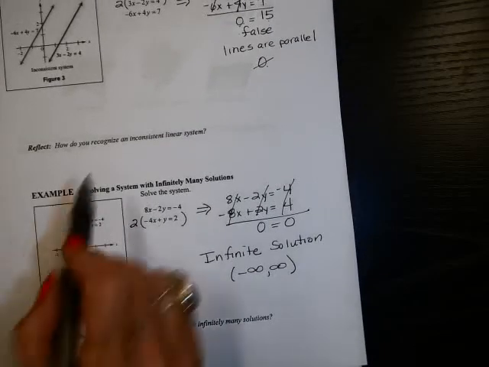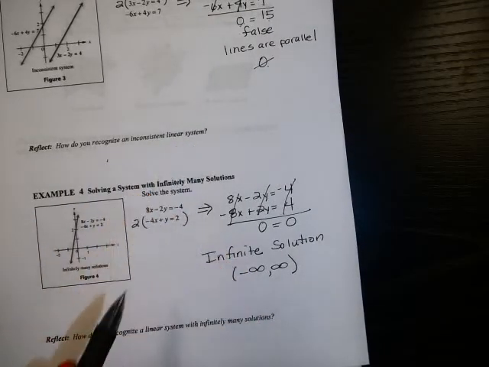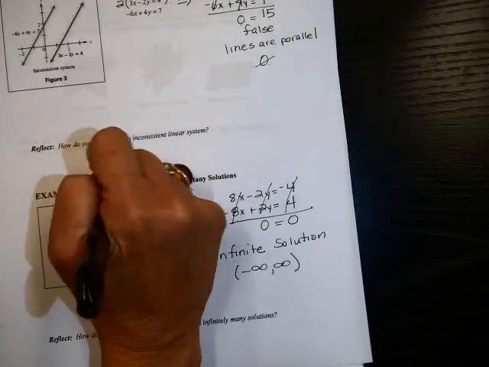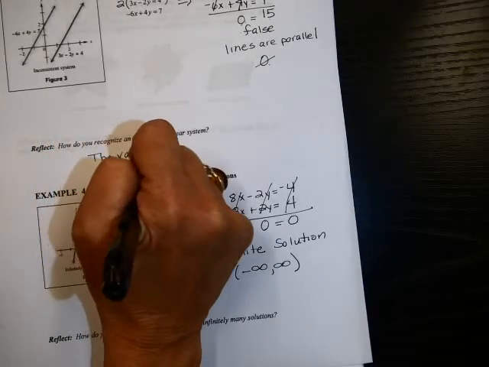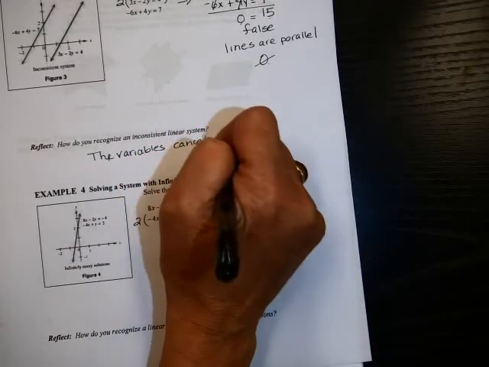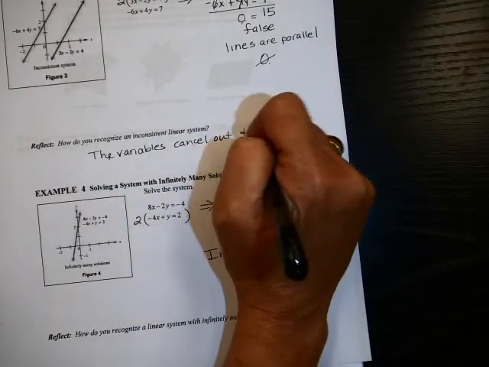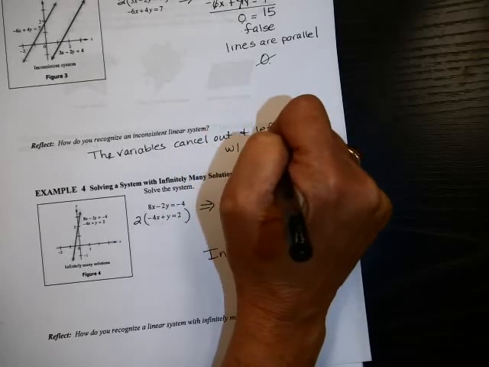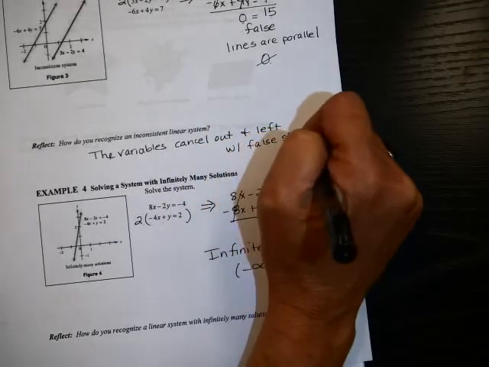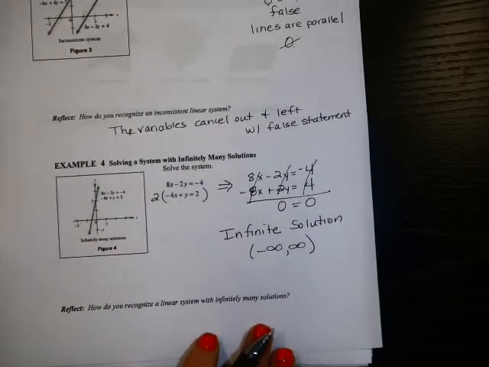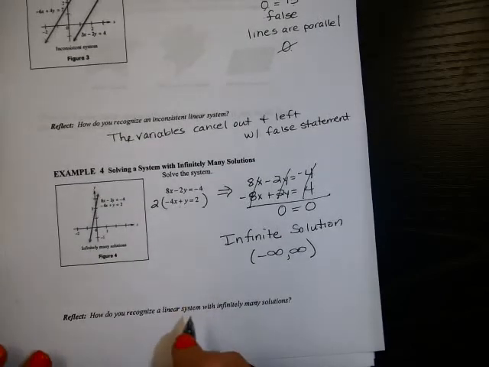So how do I recognize an inconsistent linear system? I get the x and y's, the variables cancel. And I'm left with a false statement. How do I recognize a linear system with infinite many solutions?